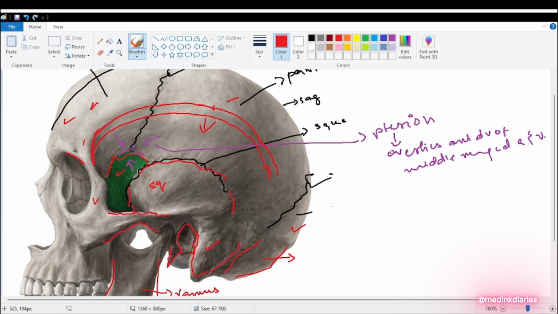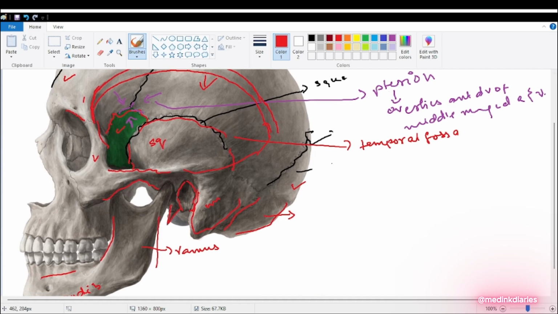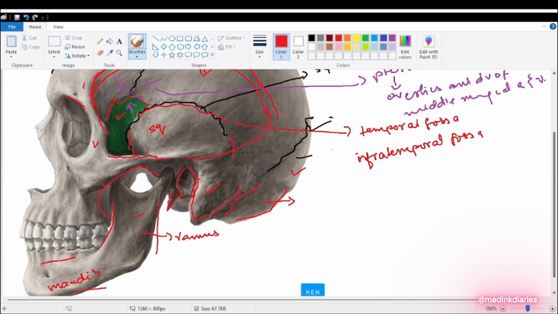Now below the inferior temporal line, this whole fossa over here is known as the temporal fossa. And below the temporal fossa, if you remove the ramus over here, there is the infratemporal fossa. Now there are some important fissures and fossae here that you need to keep in mind.